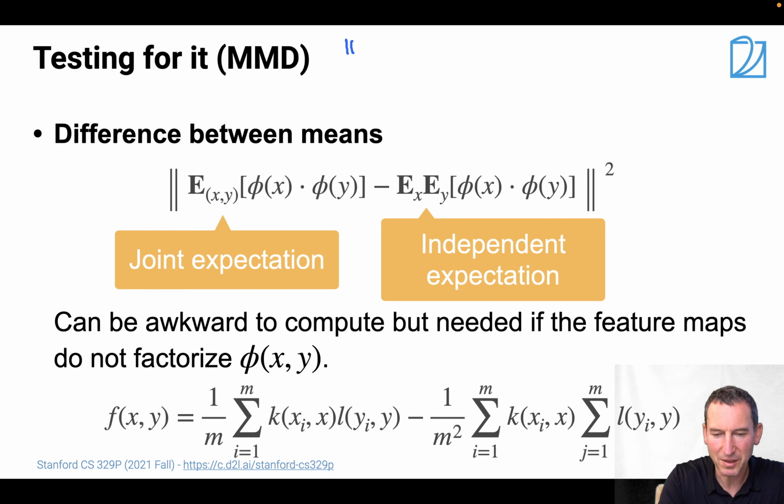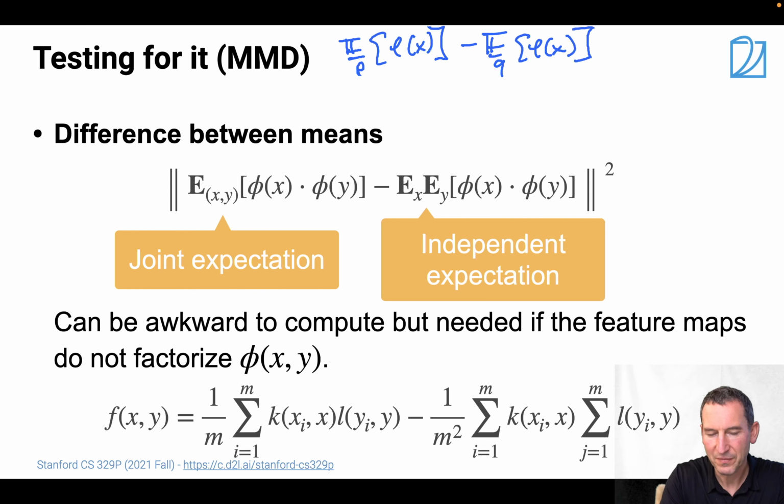And what we did is we basically computed the p expectation of phi of x minus the q expectation of phi of x. And then we took the norm of that and we said, well, if p and q are the same, then this term vanishes, and if they're not the same, then this term will be large.